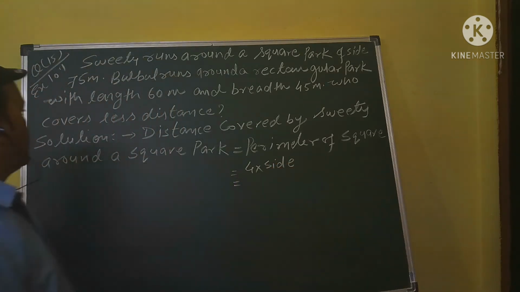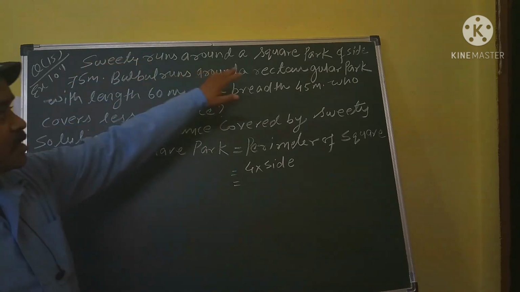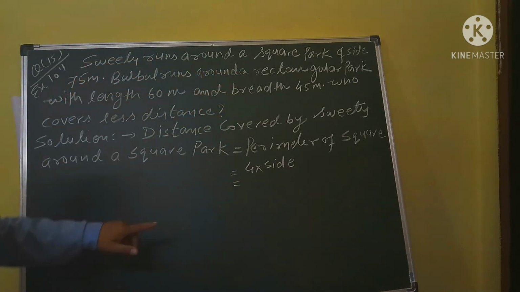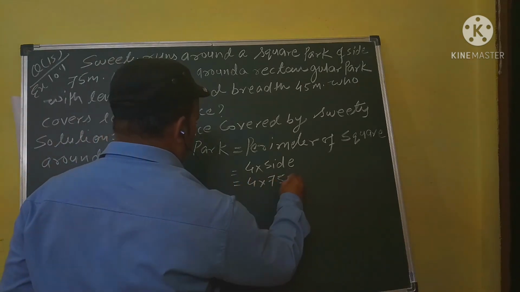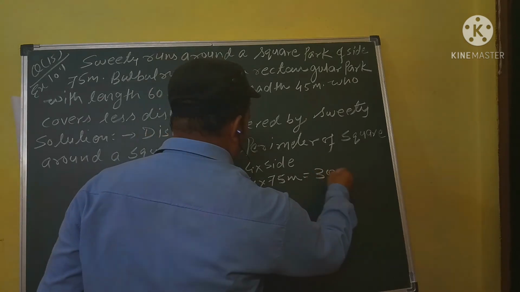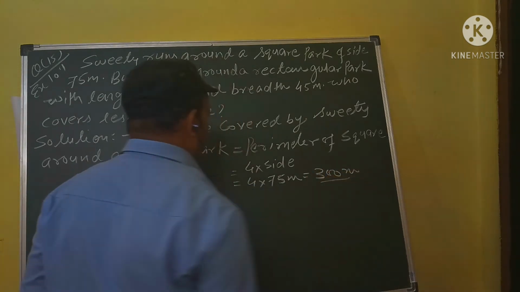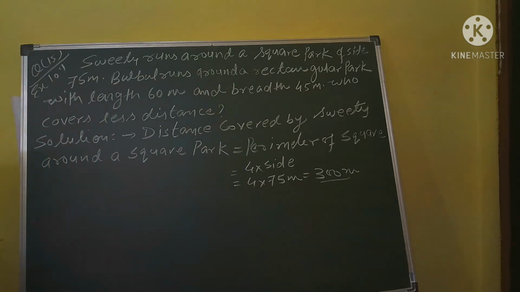Sweetie runs around a square park of side 75 meter. 4 into 75 meter will give you 300 meter. After multiplication, the product is 300 meter.